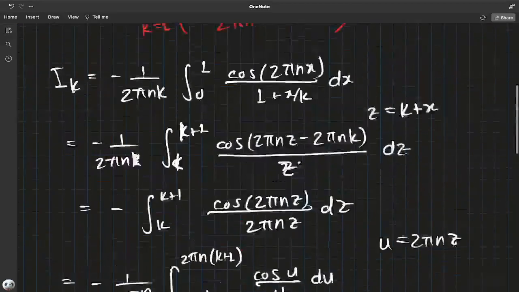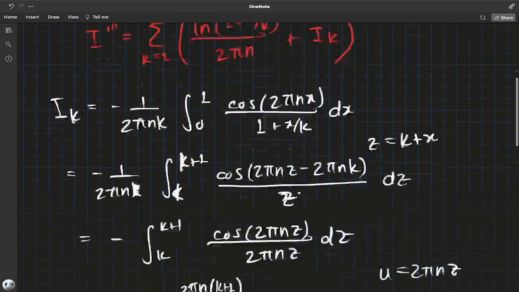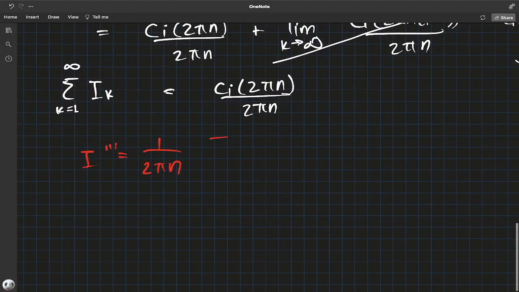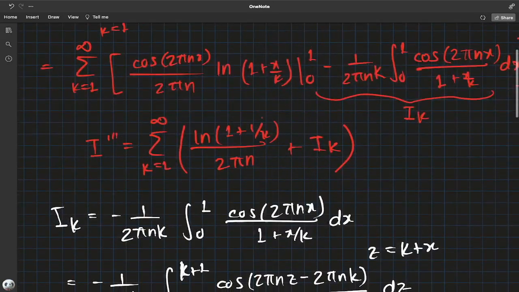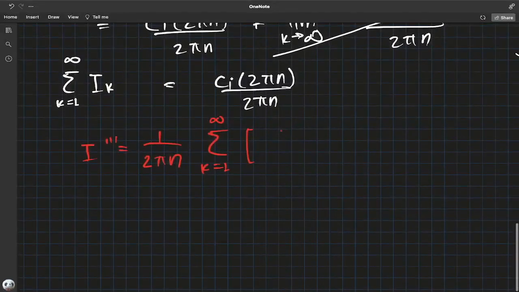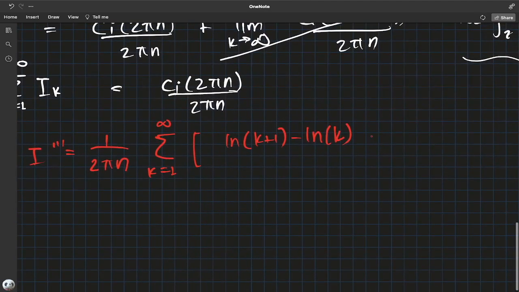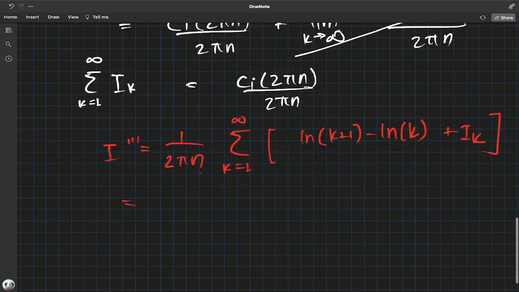But notice this natural log, you can write it in a really creative way: the sum from k equals 1 to infinity. You can write this natural log as natural log of k plus 1 minus natural log of k, and of course the I sub k term that we summed over, and we're going to plug that in later.